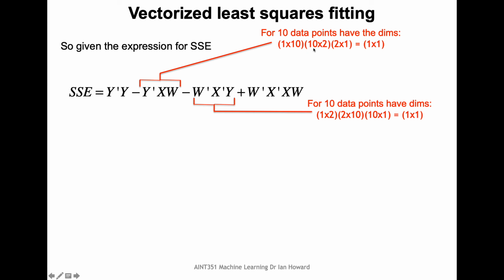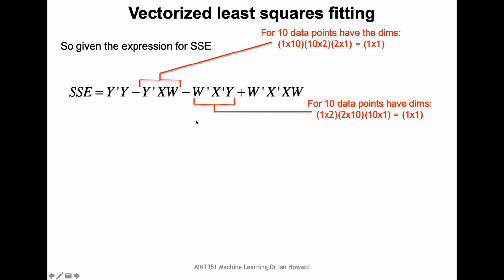If we multiply all of these things together, we notice first of all that the adjacent dimensions are the same, so we can multiply them. And the outside dimensions are 1 by 1, so we end up with a 1 by 1 value. The same thing is true here. If you look through it, we end up with a 1 by 1 value.